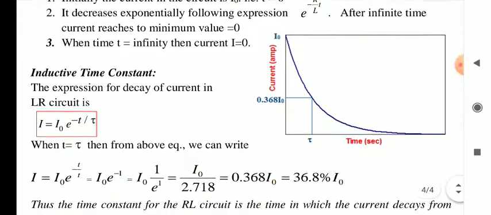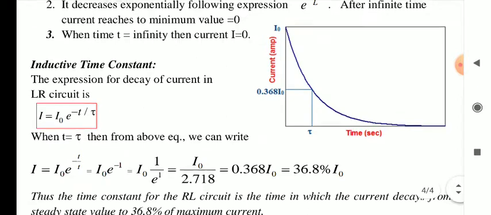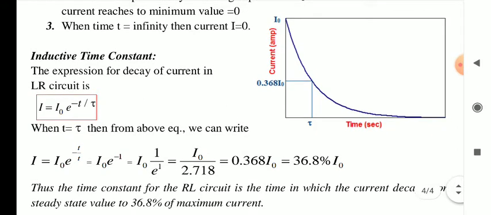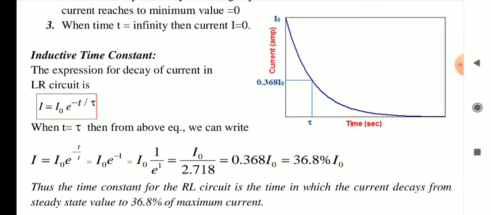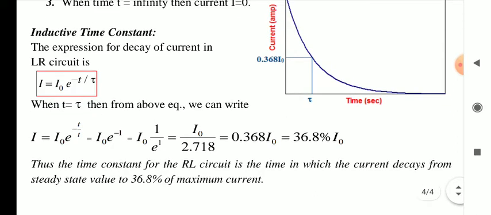Then we can define the inductive time constant. The expression for decay of current in an LR circuit is given by this equation. When t is equal to tau, from the above equation we can write I is equal to I naught e raised to minus t by tau, which is equal to I naught e raised to minus 1, because tau gets cancelled when t is equal to tau.